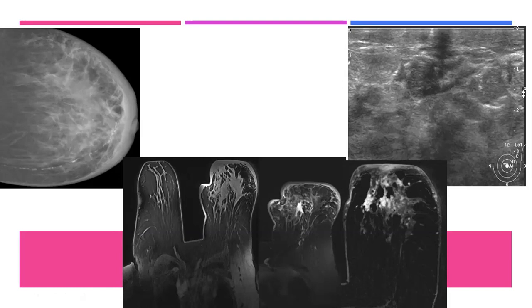So the skin is thickened and enhanced, and the nipple is thickened. In this case I have multiple small areas of enhancement, and corresponding lesions on ultrasound. So this is considered invasive, suspicious of invasive ductal carcinoma.